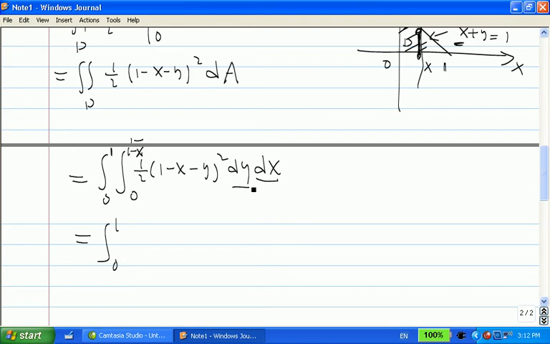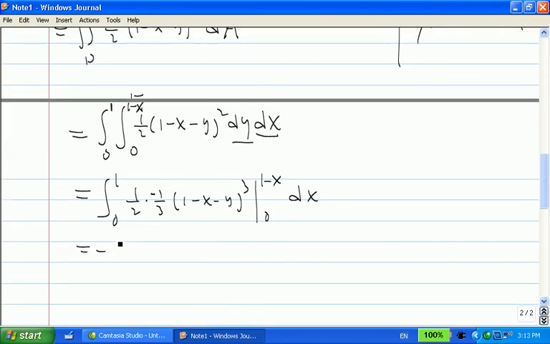Integrate with respect to y, treating x as a constant. This gives you 1/2 times 1/3, (1 minus x minus y) to the third, and there's a negative here, so you get a minus there. If you are confused by that, go back to how to integrate a single integral. Evaluate at 0 and 1 minus x, dx.